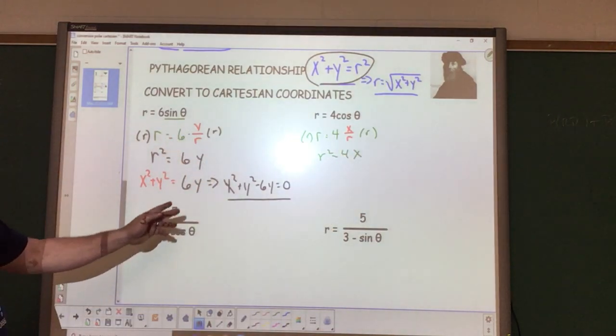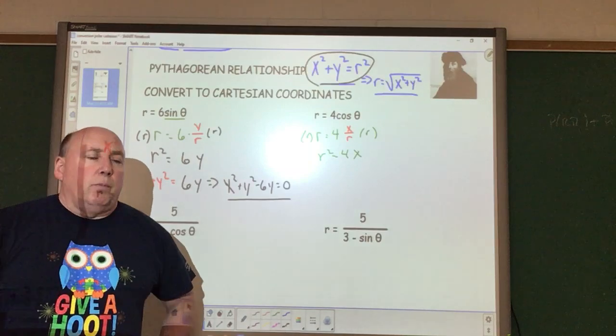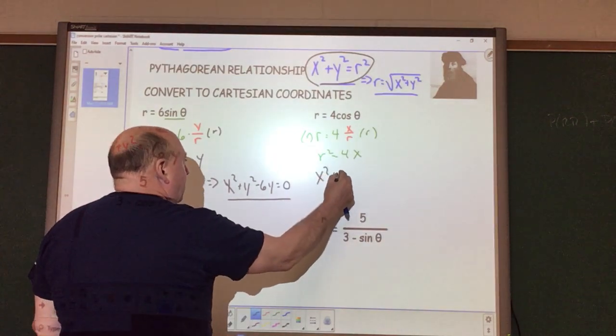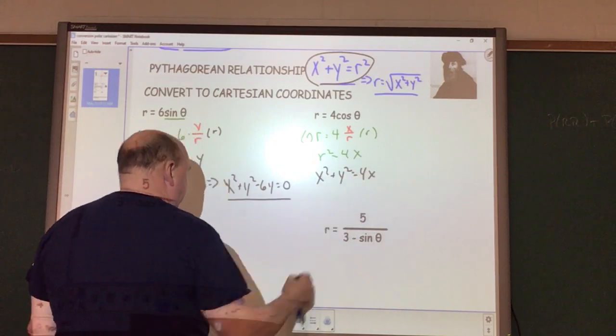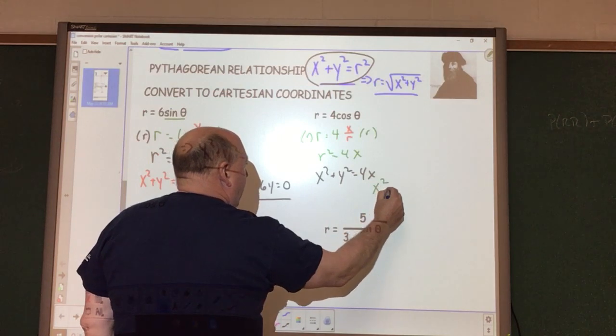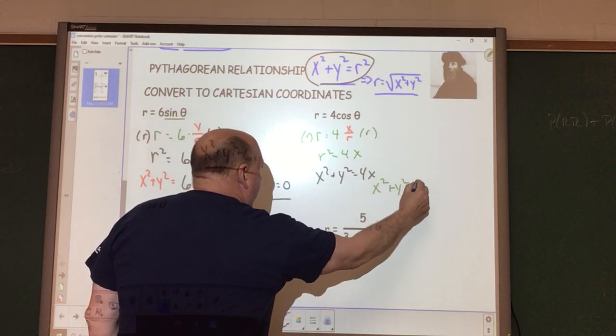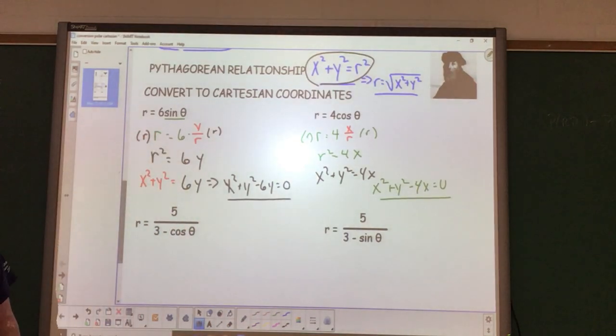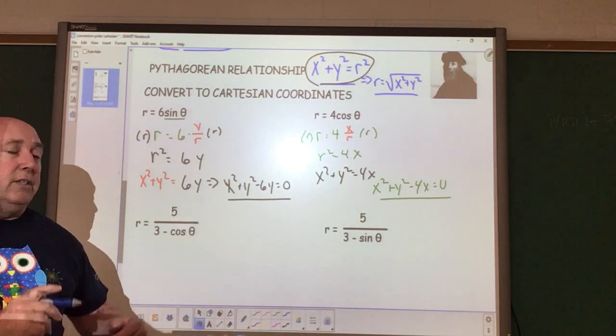And then make the same substitution, r squared is equal to x squared plus y squared. So we have x squared plus y squared is equal to 4x, or x squared plus y squared minus 4x is equal to 0. Which are both our equations of circles.